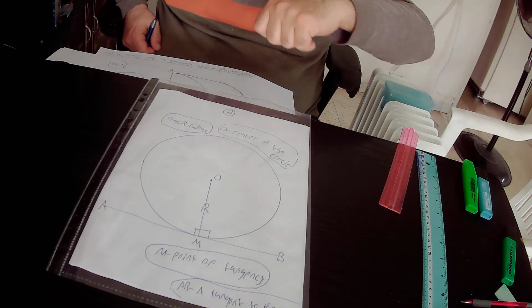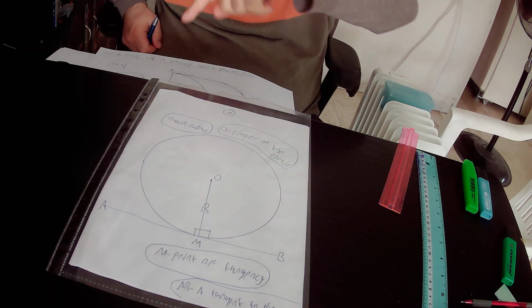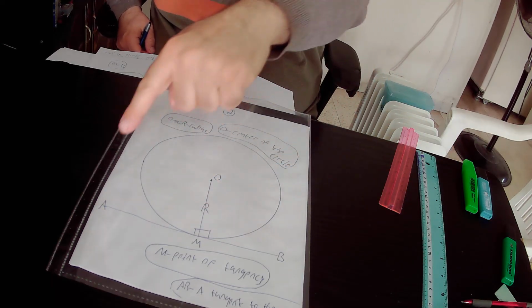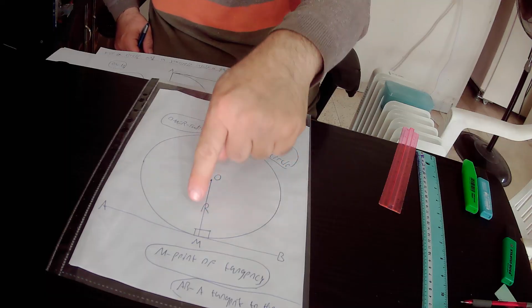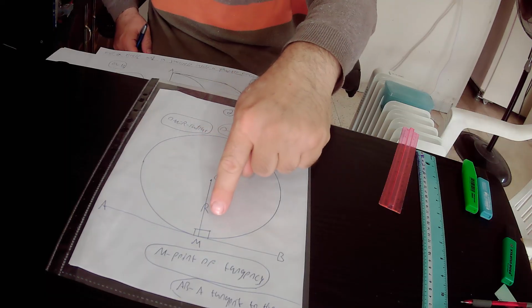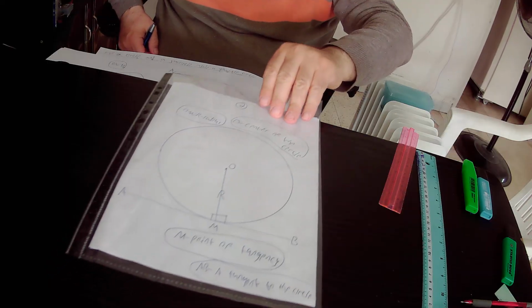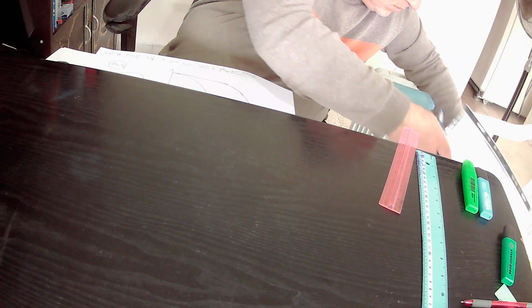And whenever you have a radius drawn to the point of tangency, then tangent AB will be perpendicular to the radius MO. So if AB is perpendicular to MO, it means that this angle equals 90 degrees, and this angle also equals 90 degrees according to rule 1.